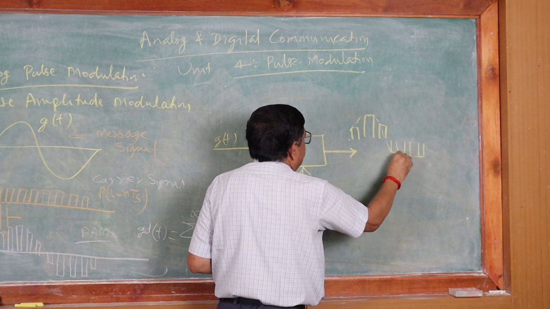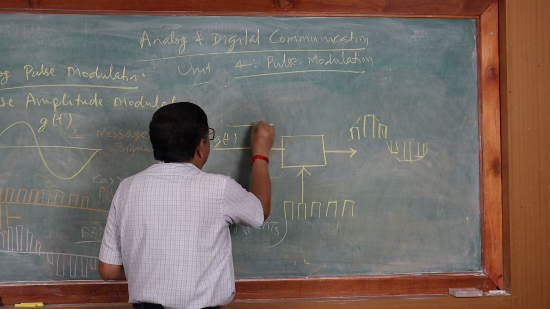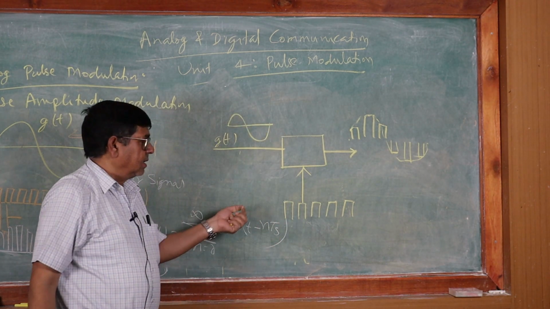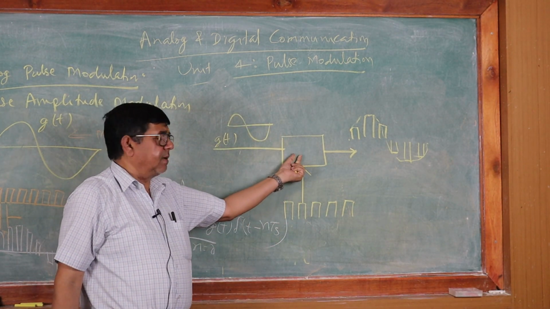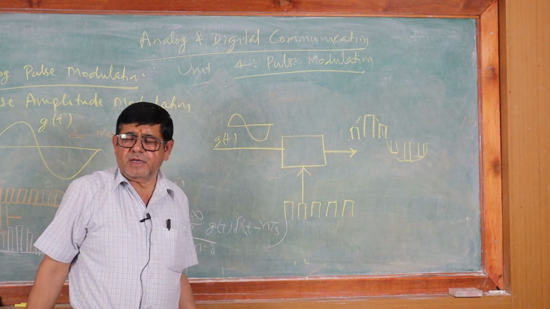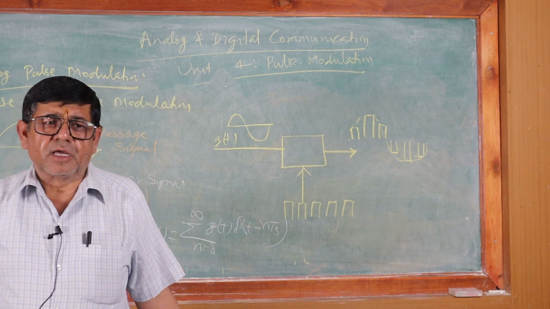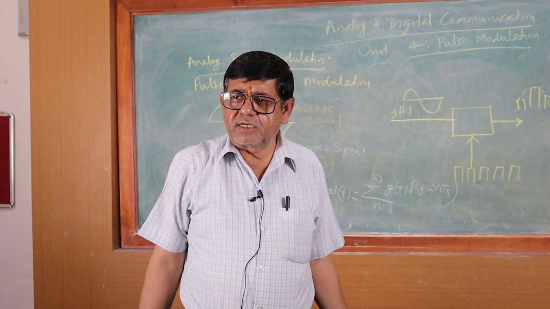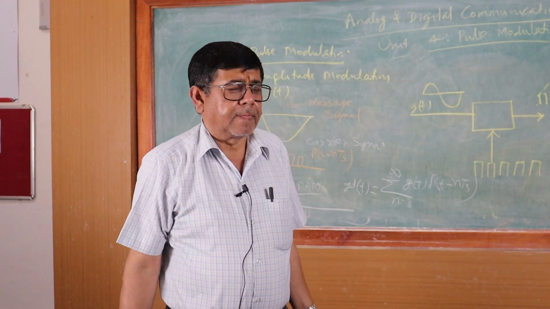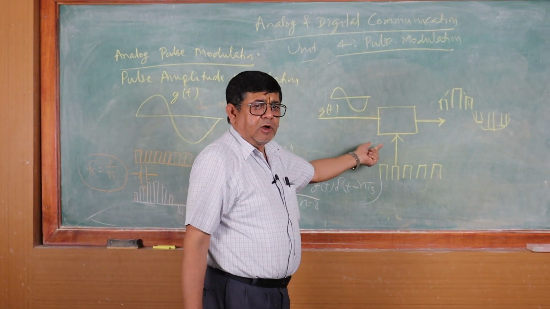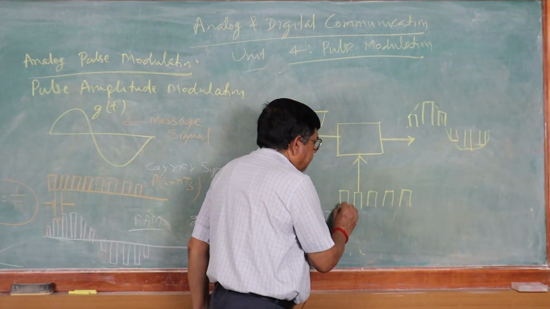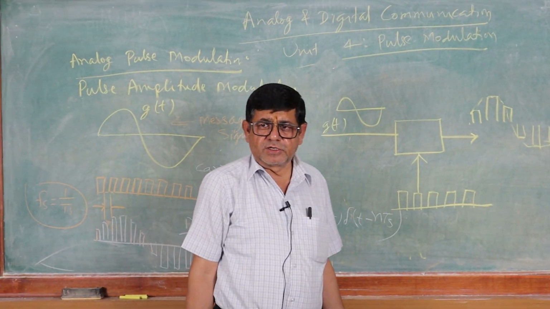This will be the envelope, which follows the same shape as the message signal. Here may be a sampler, here may be a mixer. We will see the actual hardware circuits in the next class, using either ICs or a normal transistor, to generate pulse amplitude modulated signals.